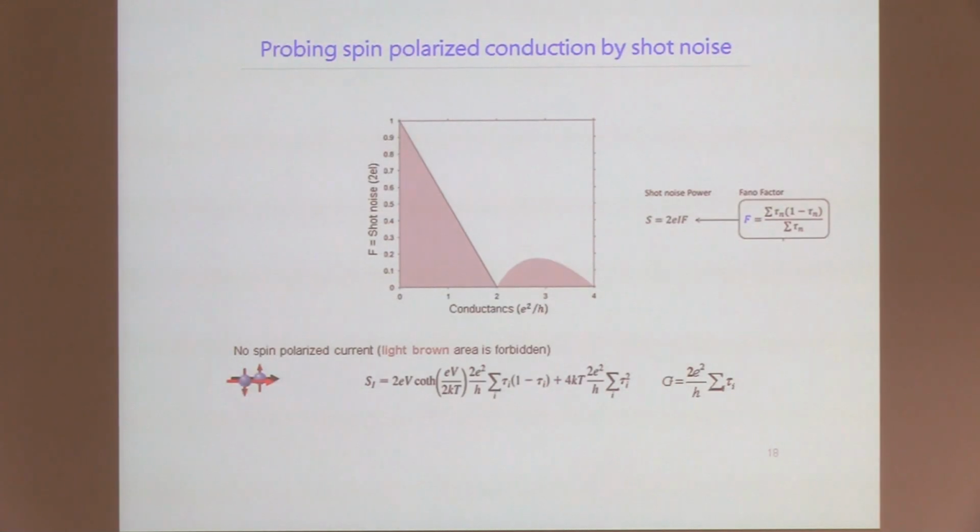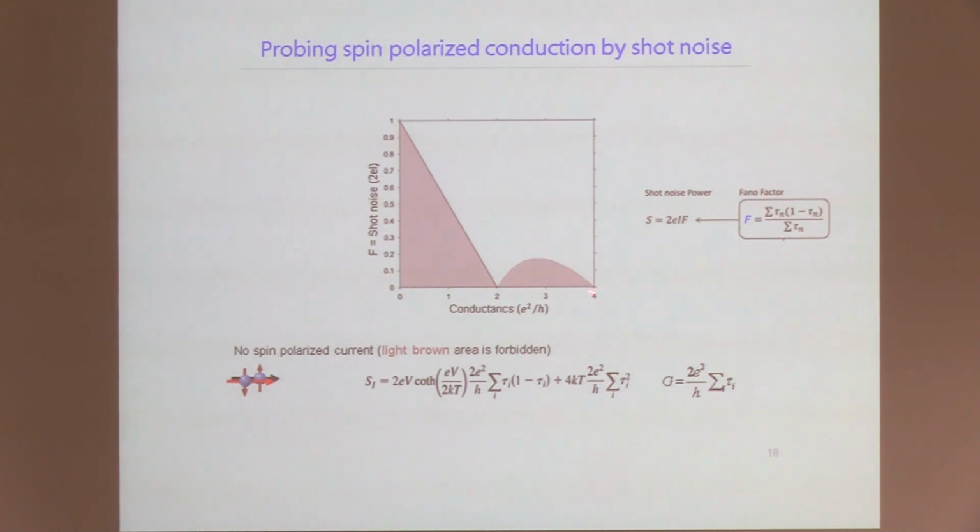So now the question is, shot noise people have measured, how can one get the spin polarization through shot noise? Again we have two equations. We can represent our data like this, the theoretical plot. If you have conductance on one axis and Fano factor on the other axis, you construct this theoretical curve.